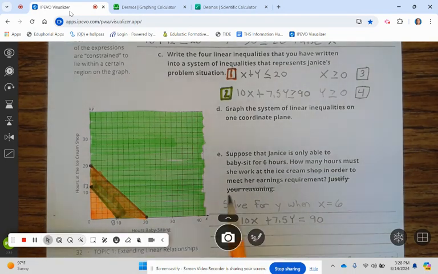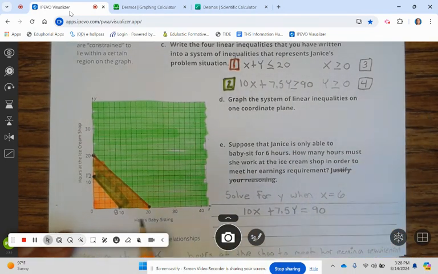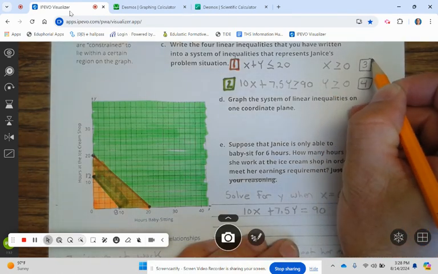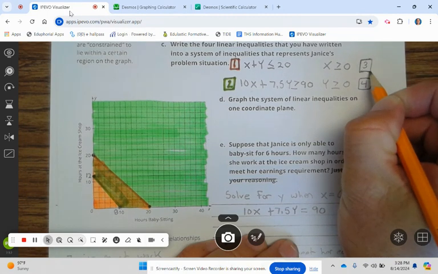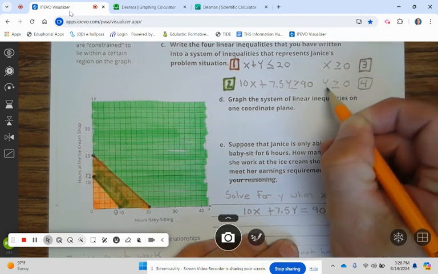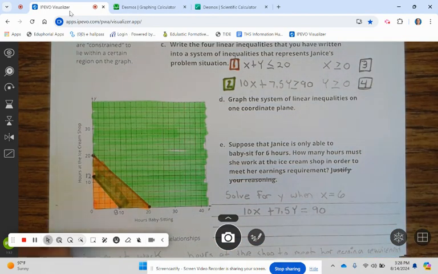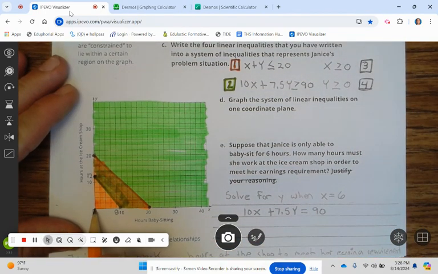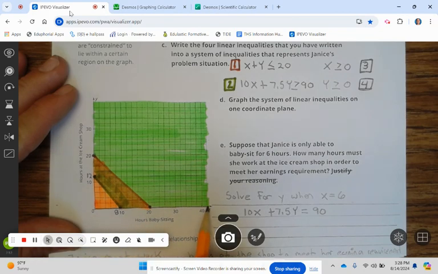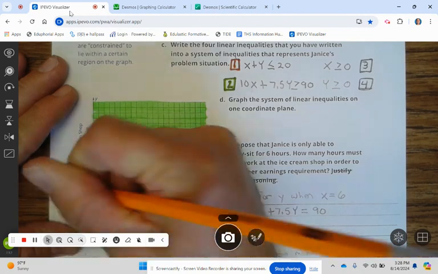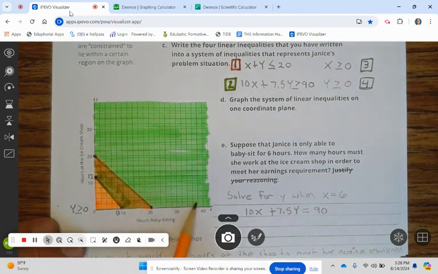Now, you see that the shaded region overlaps. So far, that's our solution, okay? And then we're going to do x is greater than or equal to 0 in pencil. And we're going to do y greater than or equal to 0 in pencil. Okay, so this is y greater than or equal to 0. And you're shading everything above.